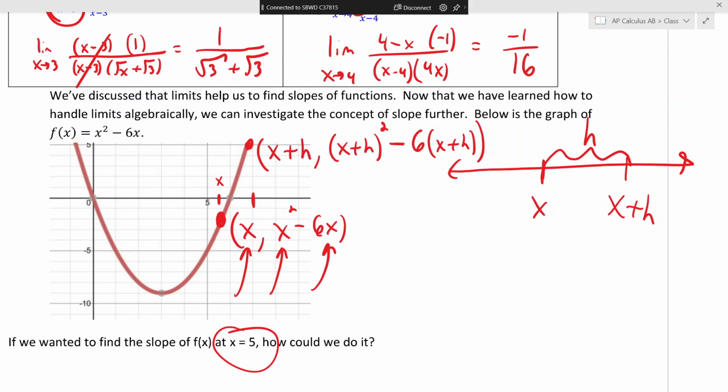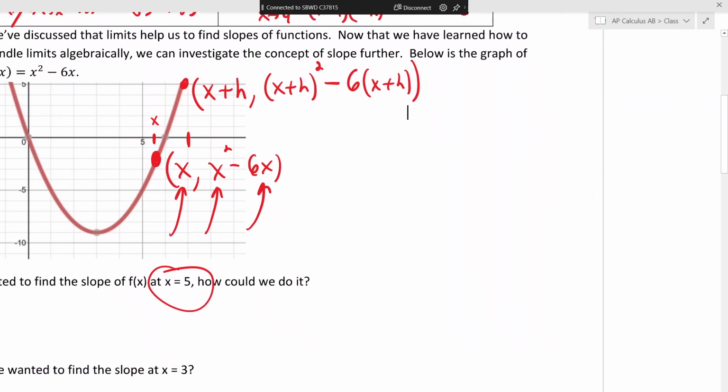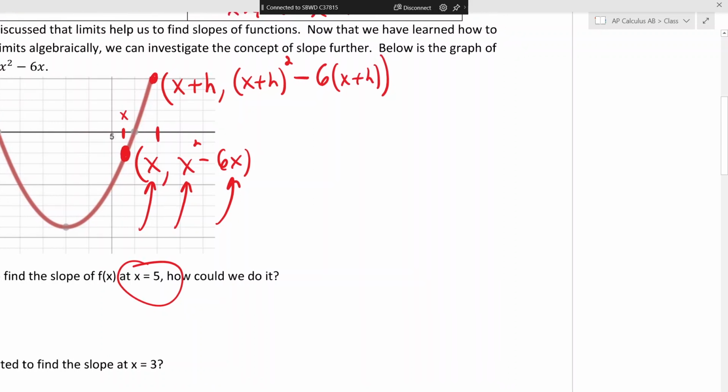Now, let's erase this for a second. What's the slope between those 2 points? Say it loud. Say it proud.